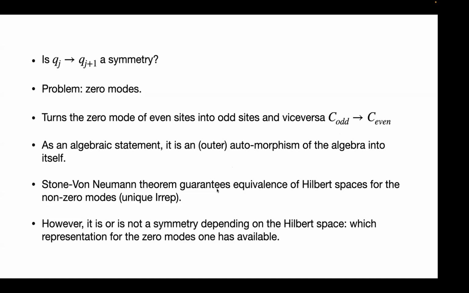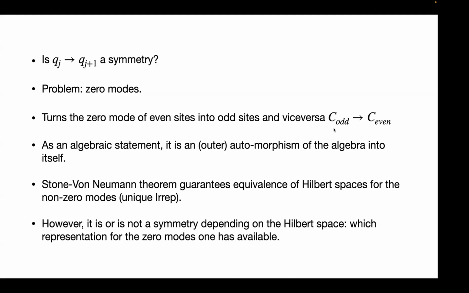However, this is not necessarily true for the central elements, because if the elements are central on irreducible representations of the algebra, the C odd and C even become C-numbers, and it is not automatically the case that C odd and C even will be mirrored in the full Hilbert space of states.